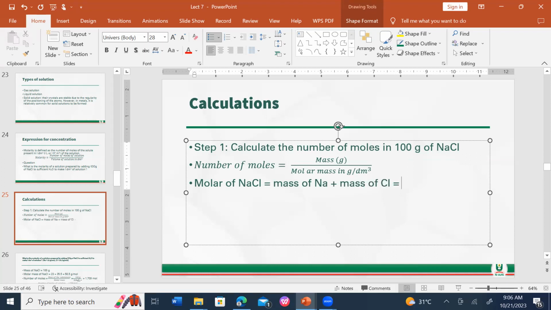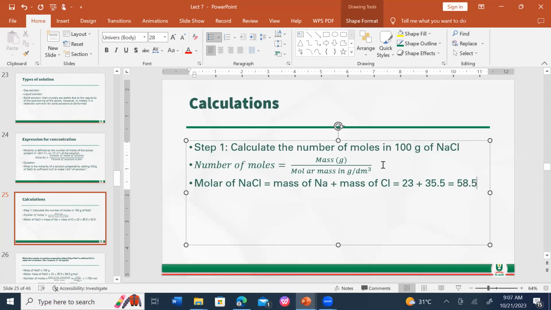That is equal to 23 plus 35.5, which is 58.5.